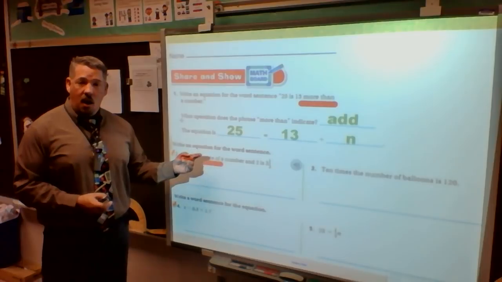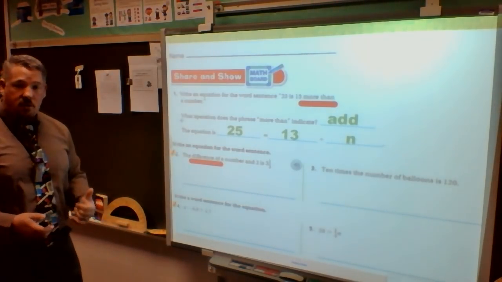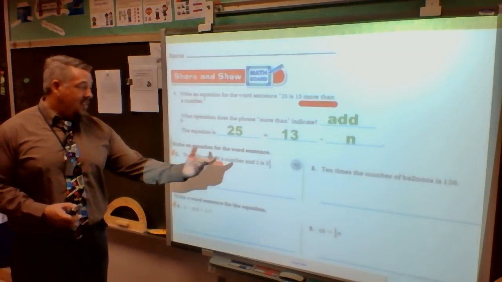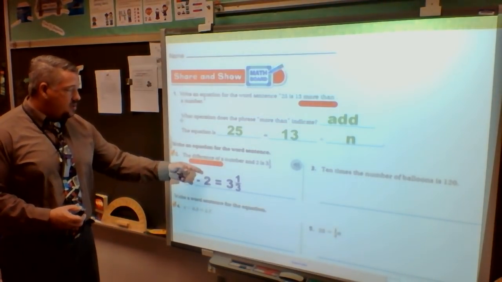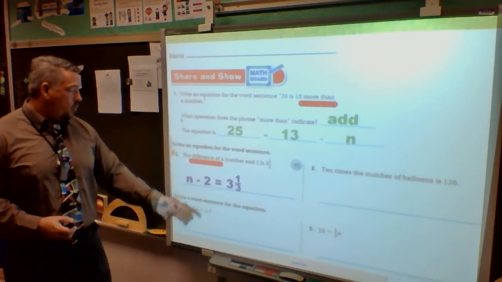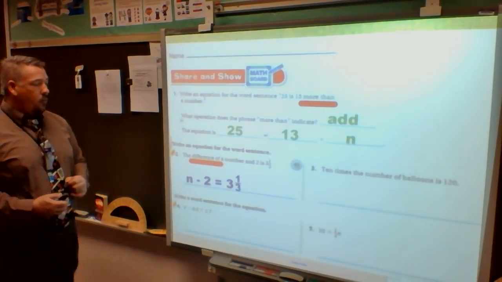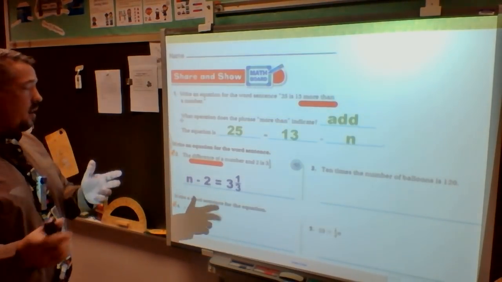So the difference of a number and 2. So it has to be subtraction, and it has to be in that same order. So I'm going to take n minus 2 equals, and they tell me it is equal to 3 1/3. So I write 3 1/3. That is my algebraic equation, and that is my answer.